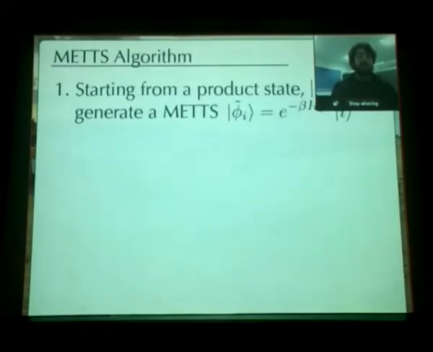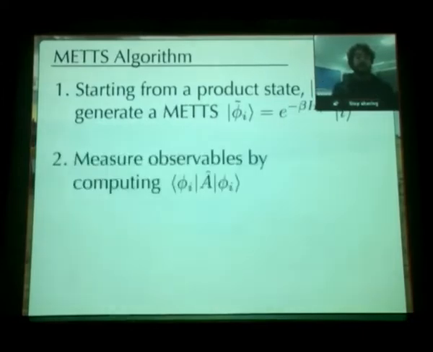So now on the next slide, let me summarize the 3 steps of this algorithm to bring it all together. You start from a product state labeled I, and then you generate an unnormalized METTS phi tilde by applying e to the minus beta H over 2 to it. Then you normalize the state.